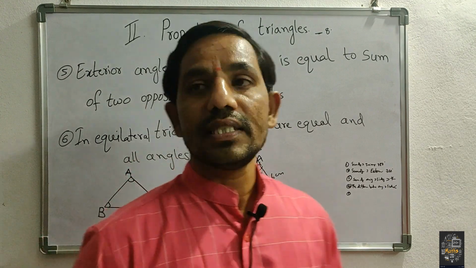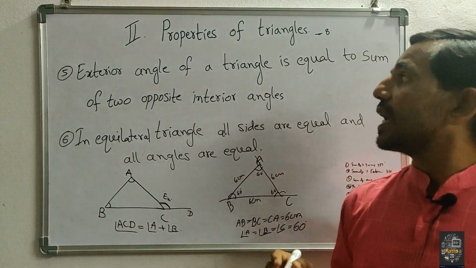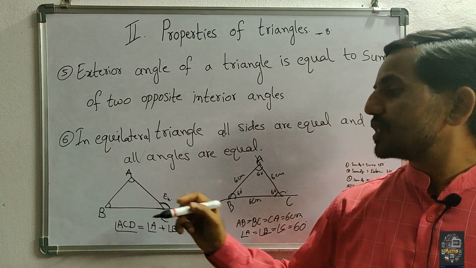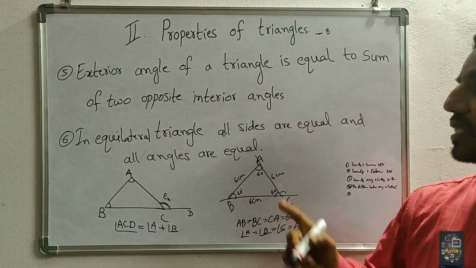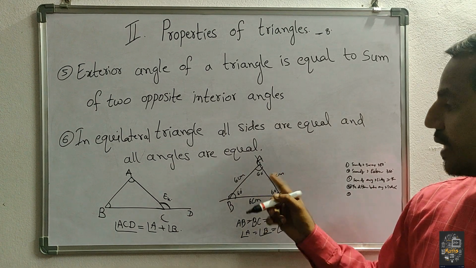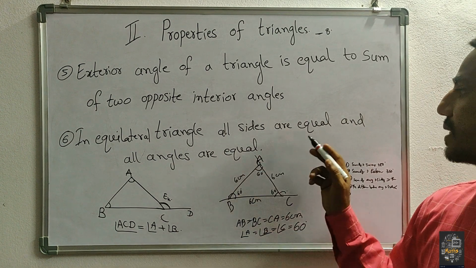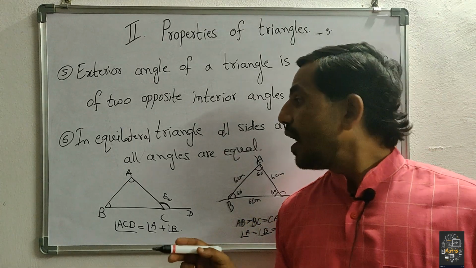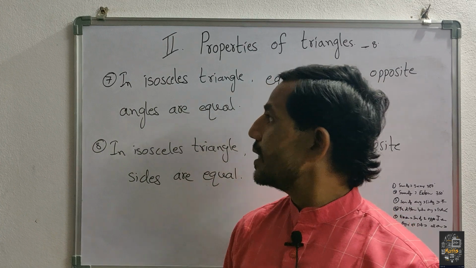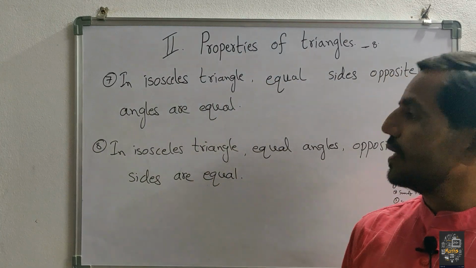And fifth condition, exterior angle of a triangle is equal to sum of two opposite interior angles. So that is the fifth one. And sixth condition, in equilateral triangle, all angles are equal and all sides are equal. Next, seventh and eighth properties.